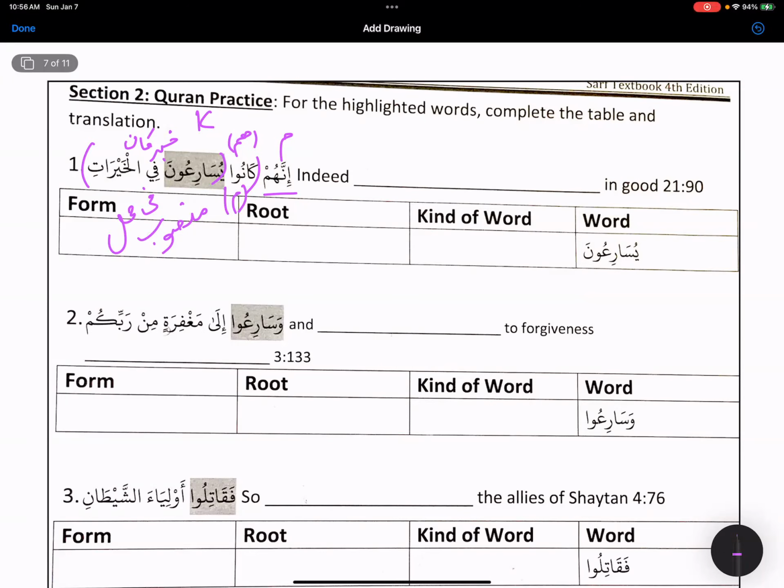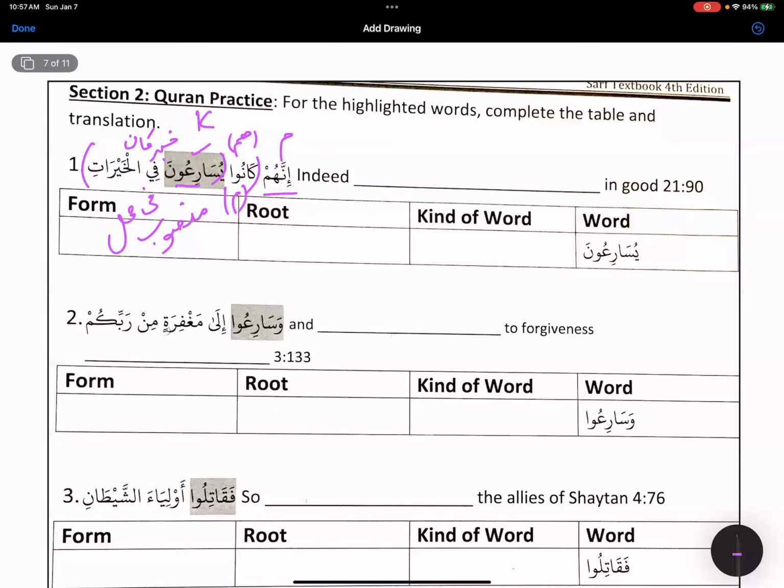So yusariuna is a fi'l mudari' and its fa'il is hidden. And fil khairat is jar majroor, MBF, not MBK. It is related to the verb because it is yusariuna, not talking about Kanu. We are not going to confuse it with MBK because it is not related to Kanu.